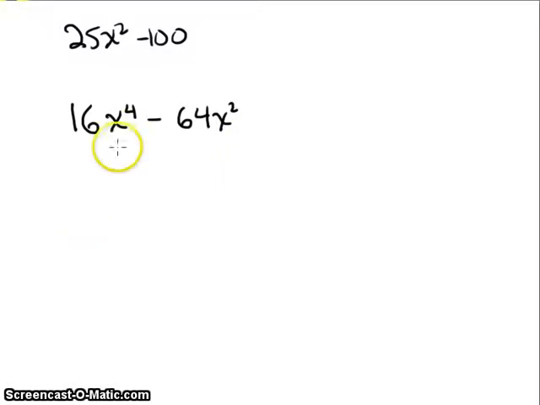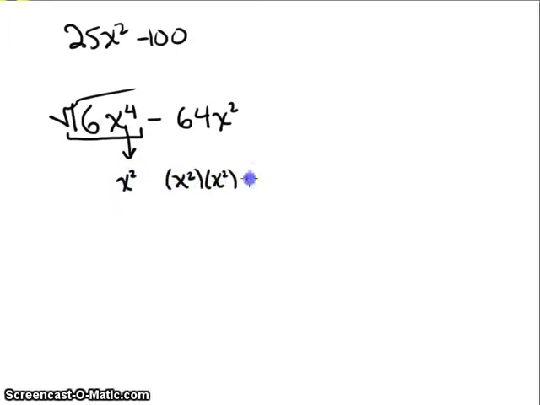Well, it's really the same idea once again, because look at this term here. If I take the square root, I'm going to do the same thing I did before, but now the square root of x to the 4th is x squared, because x squared squared is x to the fourth. Remember, when you multiply numbers with exponents with the same base, you add the exponents.